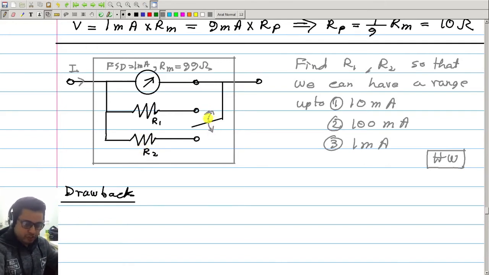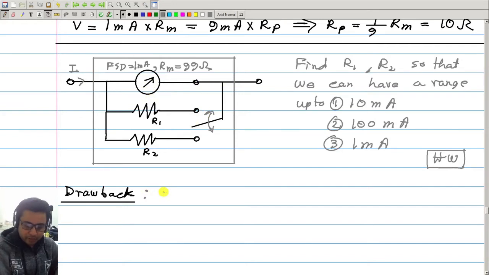So then you have to move this switch. But when you move this switch, you notice that momentarily both these resistances are not connected. For a brief moment, no shunt is present at all. Then for that brief moment, the entire current will flow through this meter only, which may cause some damage. If that is for a sufficiently longer time, that may be damaging.